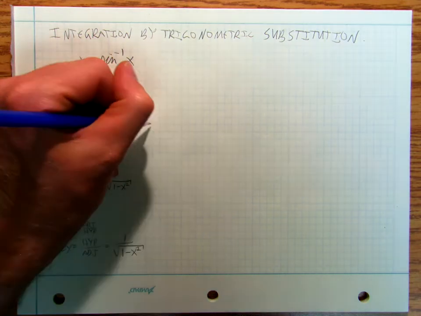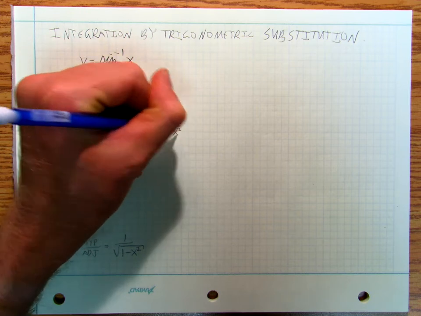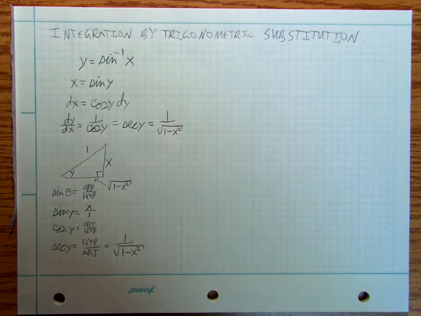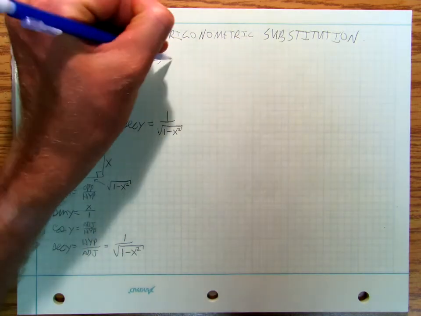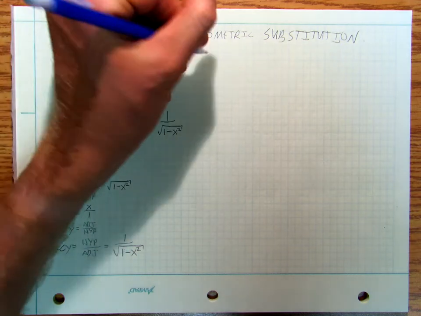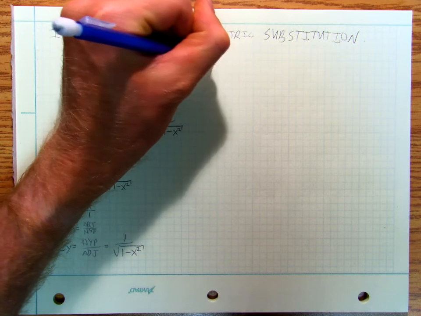So the basic thing that we're saying is that when y equals the sine inverse of x, y prime is equal to 1 over square root of 1 minus x squared.